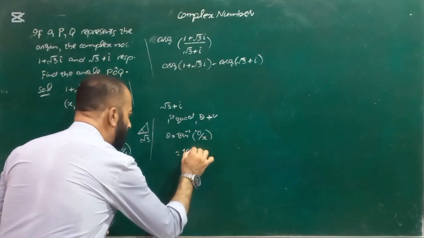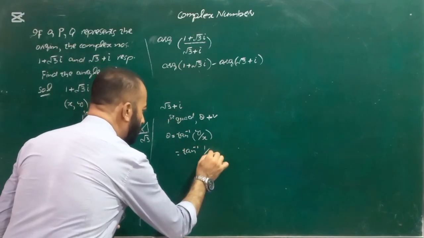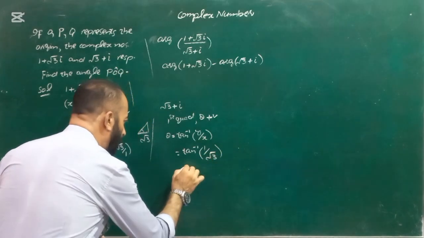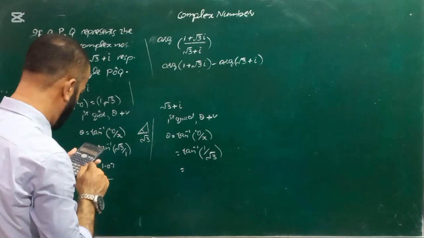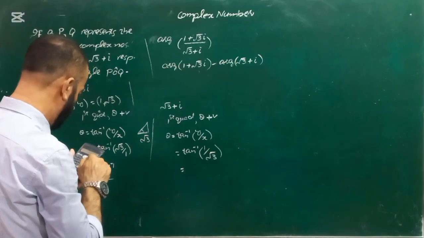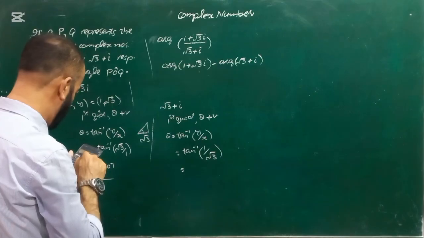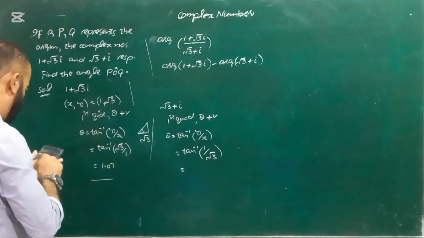So tan inverse, y is 1, x is square root 3. So from here, first change your calculator into radian mode. Okay, tan inverse square root 3.